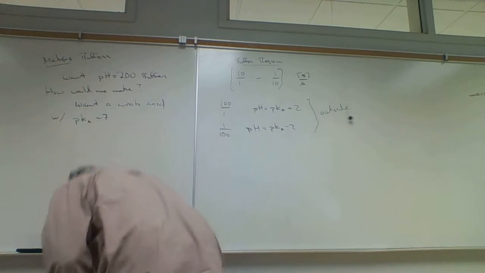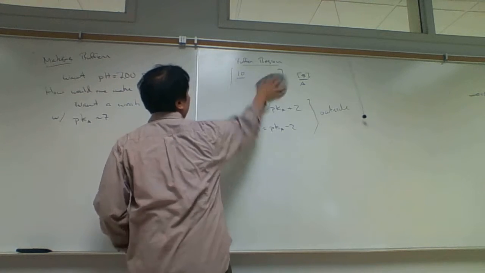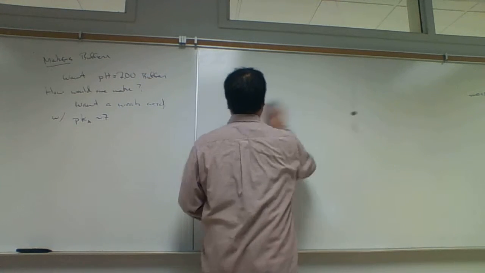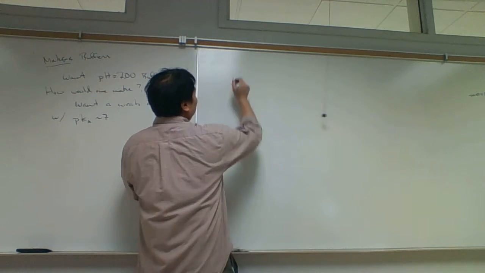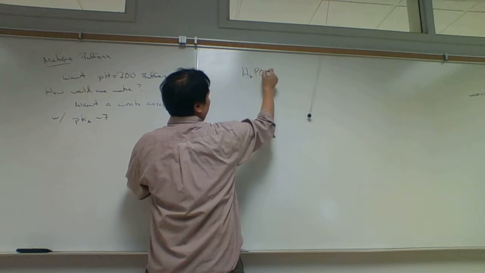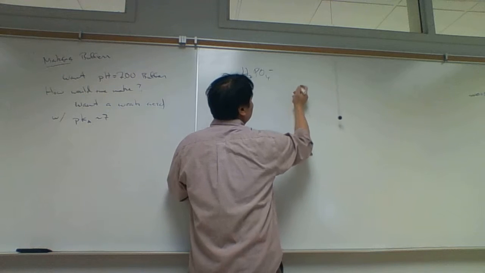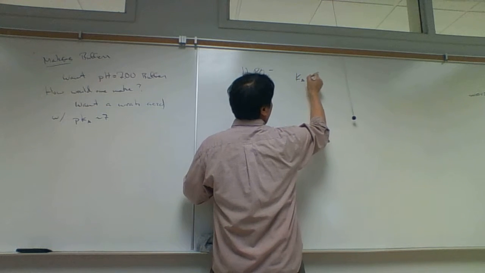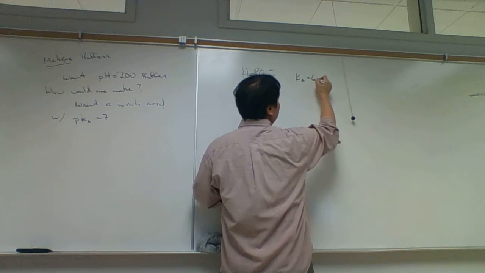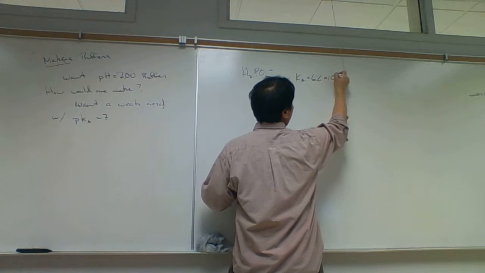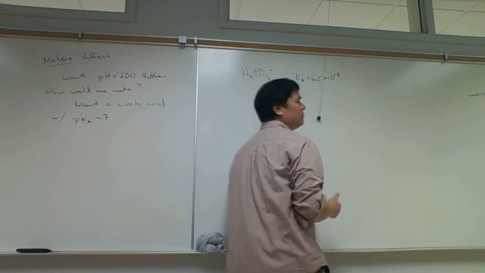First thing we'll do is figure out what the pKa is for dihydrogen phosphate. It's a good candidate because it's cheap and readily available. And it has a Ka of 6.2 times 10 to the minus 8, which is fairly close.